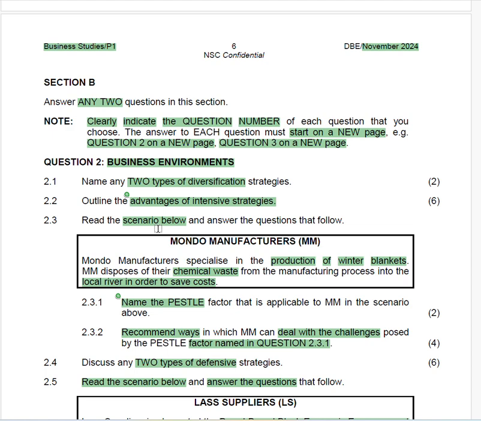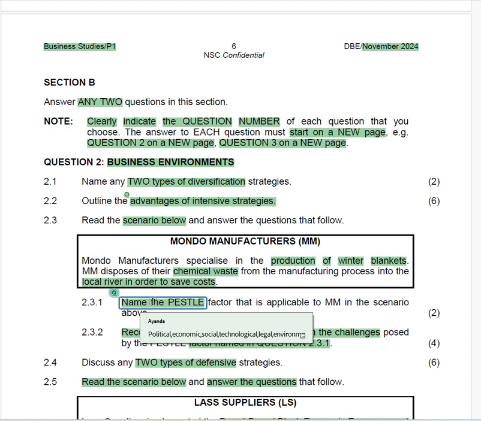However, we're going to ask ourselves what these letters are defined as. P means political, E economic, S social, T technological, L legal, and E environmental. So which one is affected by them disposing the chemicals in the river? It is environmental.